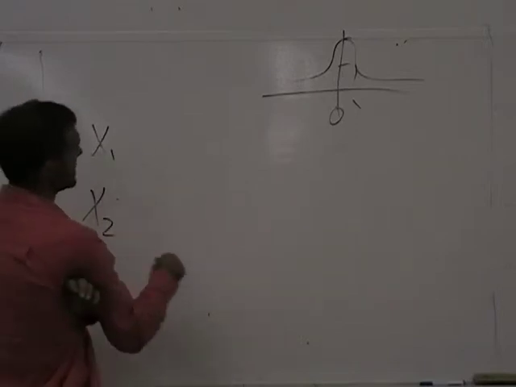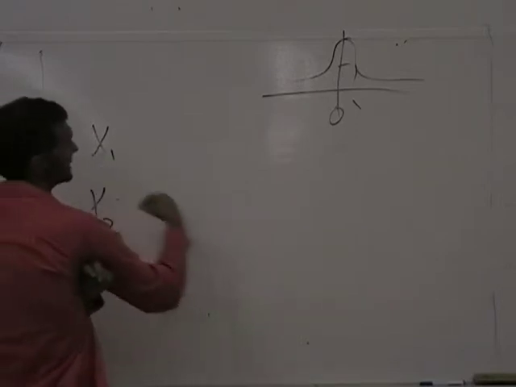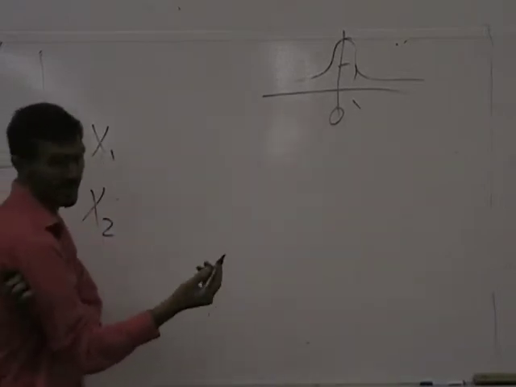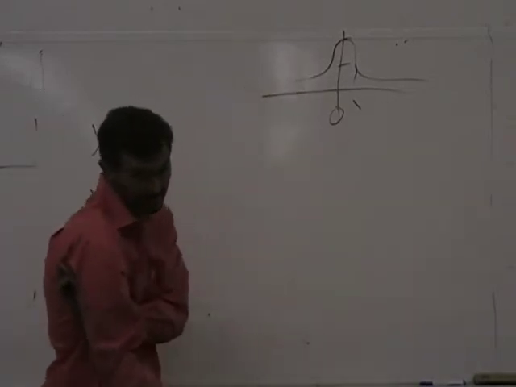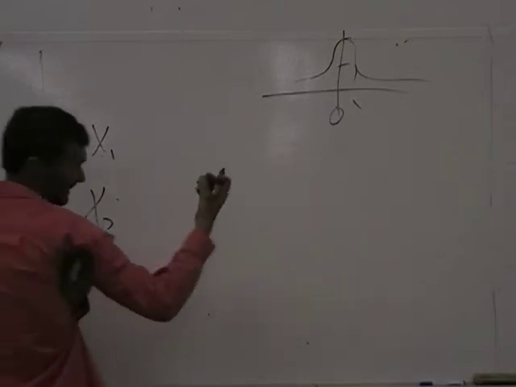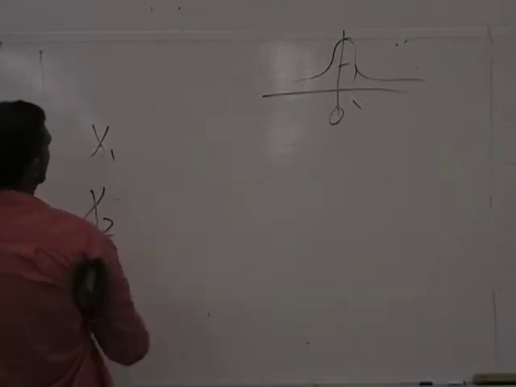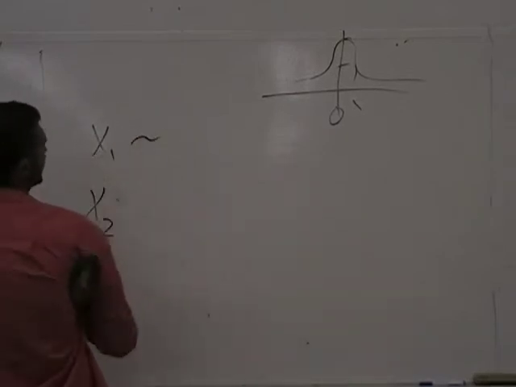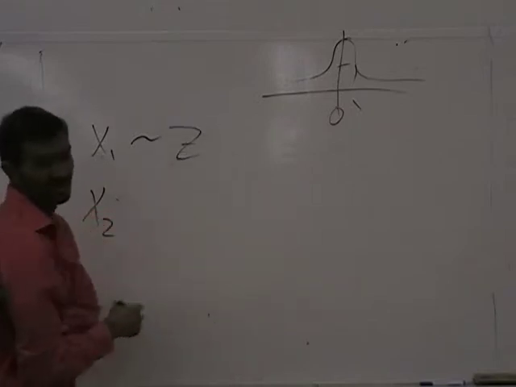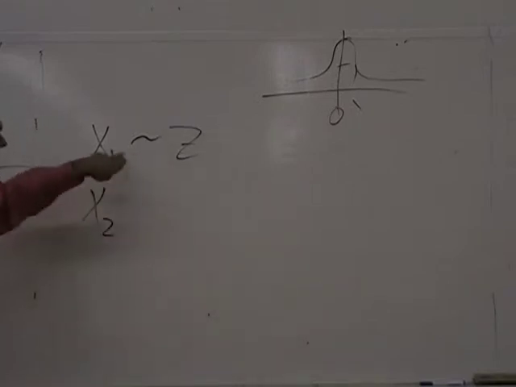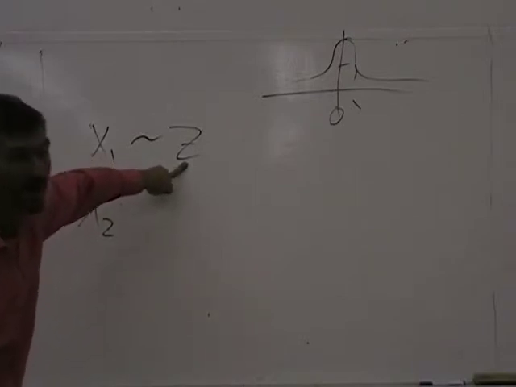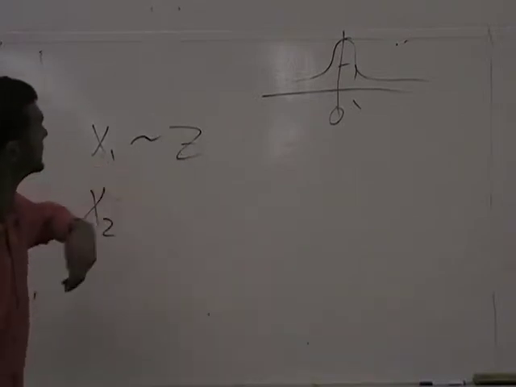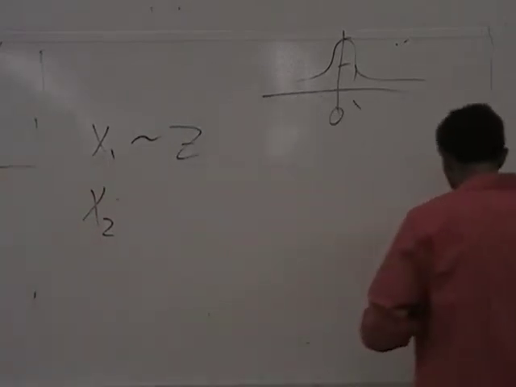Anyway, x1 is a sample from a z distribution. x1 will follow this distribution. That is what it is. So the distribution of x1 is equal to the distribution that we commonly use random variable z to say.